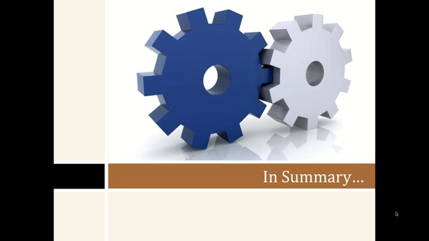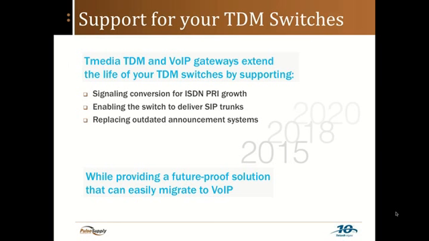So finally, here in summary, in this short webinar, we've presented 3 ways in which the Telcobridges gateway can extend the life of your TDM switch, that is in supporting ISDN PRI growth without requiring any investment in your existing TDM switches.